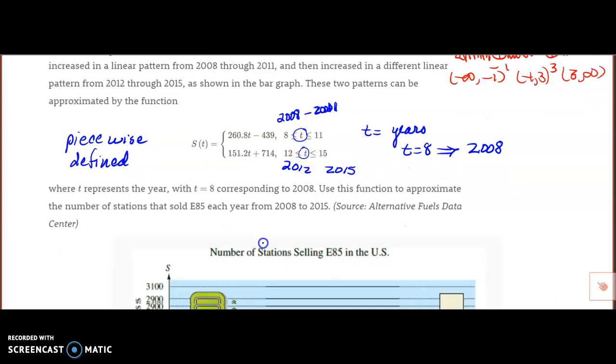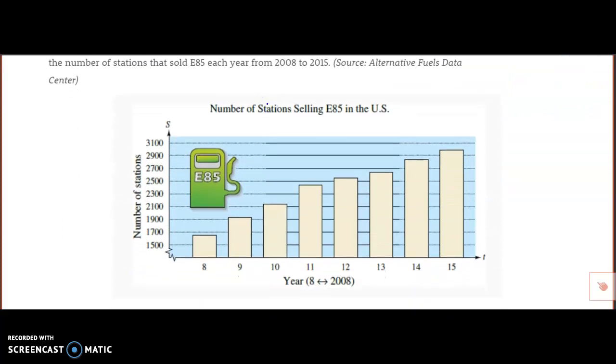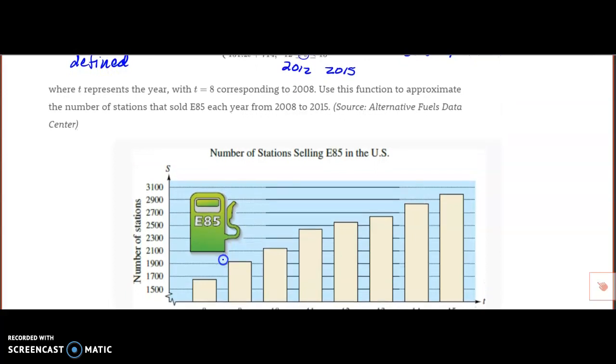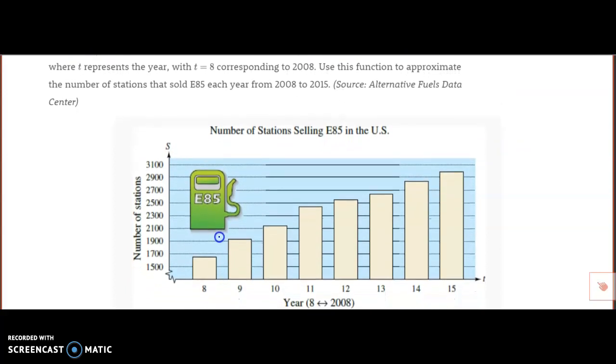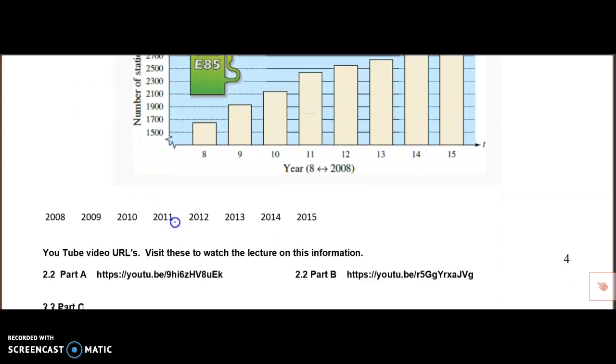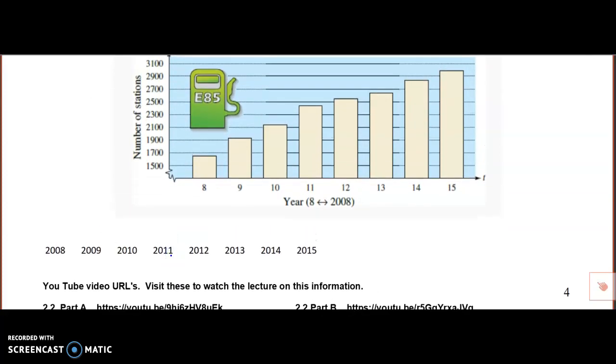All right, so let's see what we have here. I want to determine the number of stations that sold E85 each year from 2008 to 2015. Okay, I could get an estimate from the graph, just figuring out how high that bar is, but I don't want an estimate.